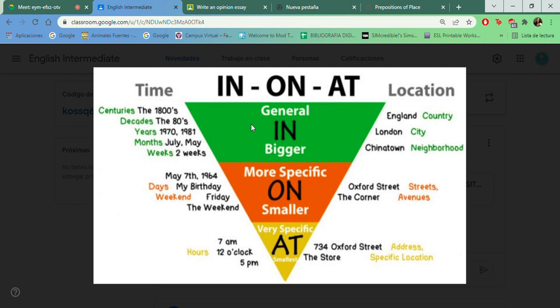So you say a number, or maybe another specific event. You use in for years. The last World Cup was in 2000 or 2020, I don't remember.